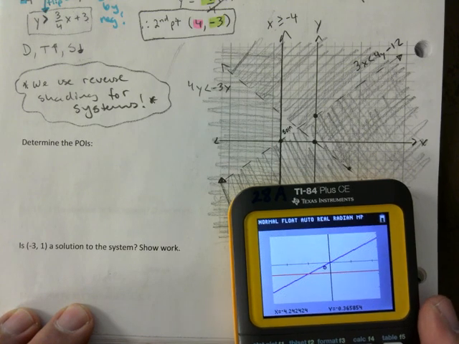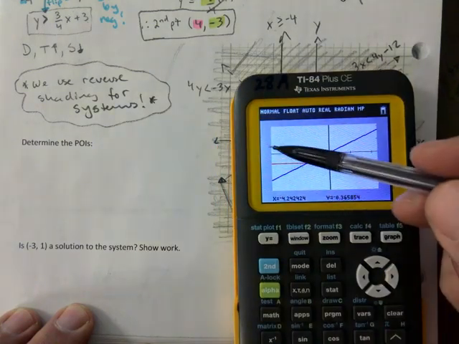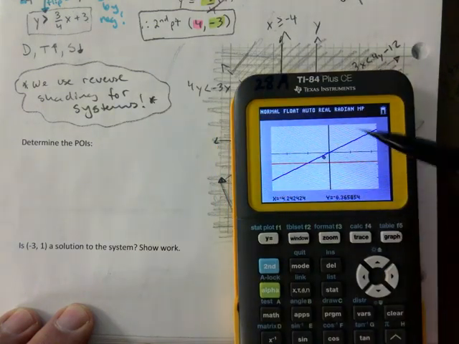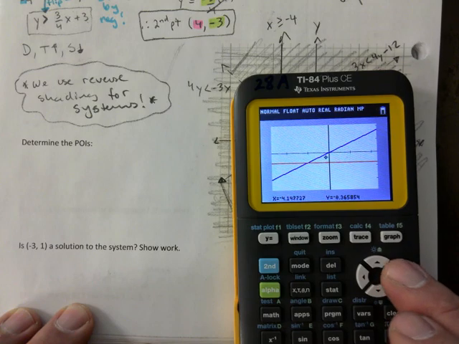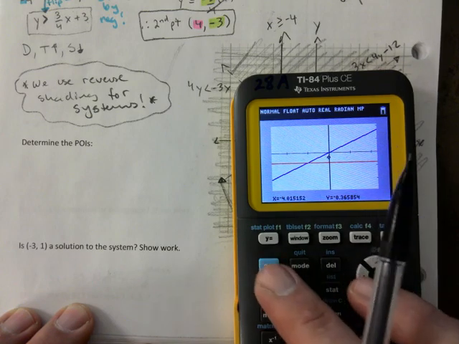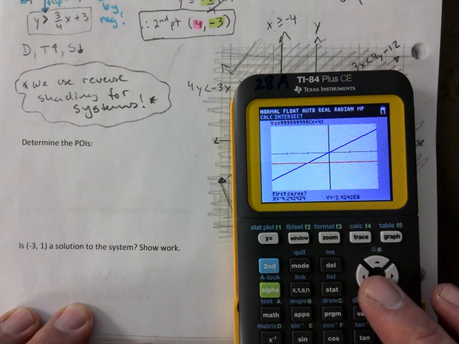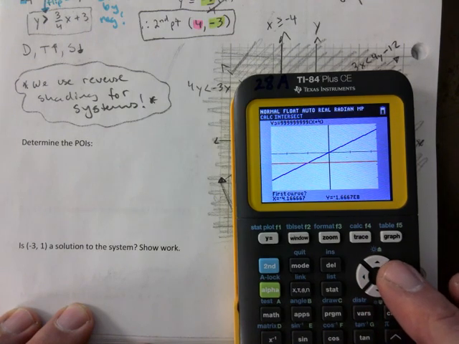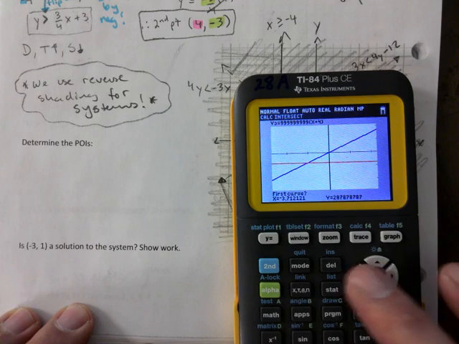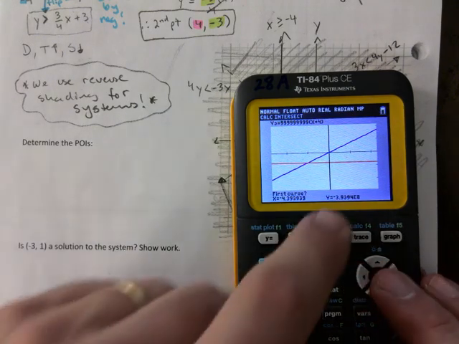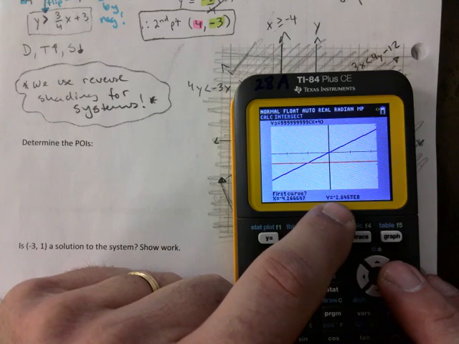Except it doesn't show me this vertical line here. Or is that it? Okay, hold on. Second trace 5 for intersect. I'm on the vertical line and I want to come closer, so I'm going right.